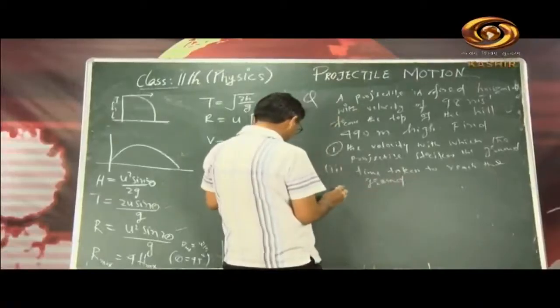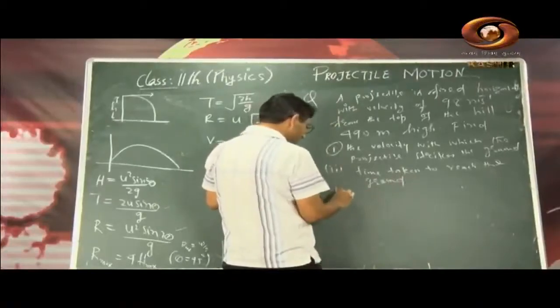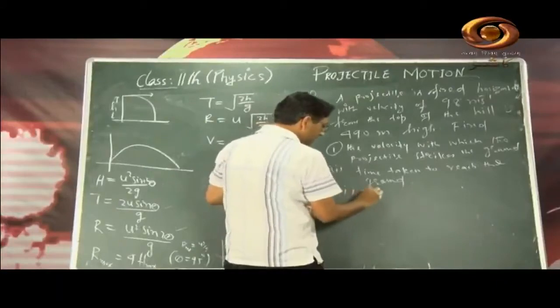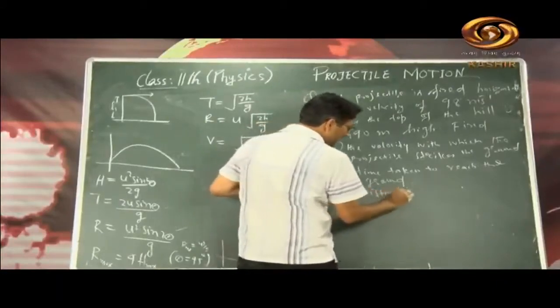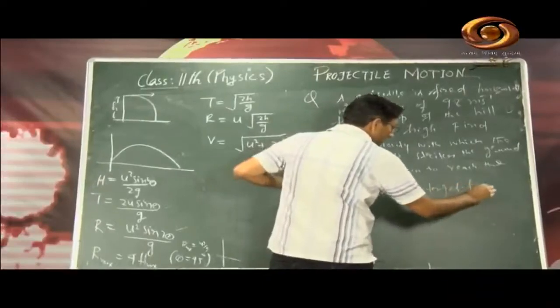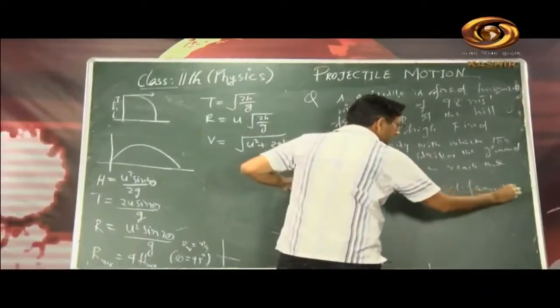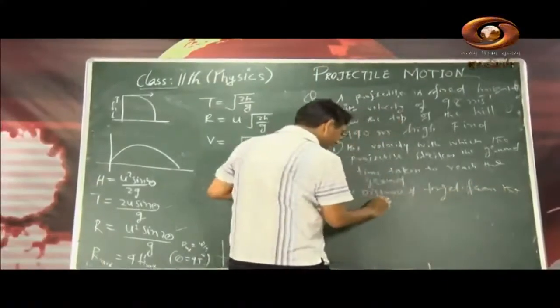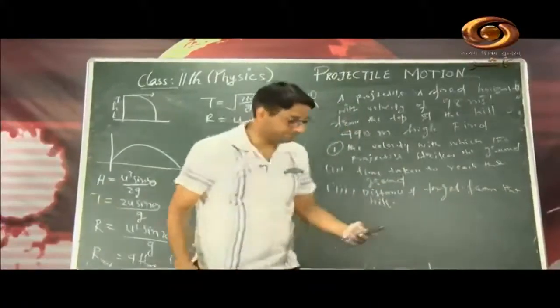And the third point is the distance of the target from the hill. These are the 3 points we have been told to find.